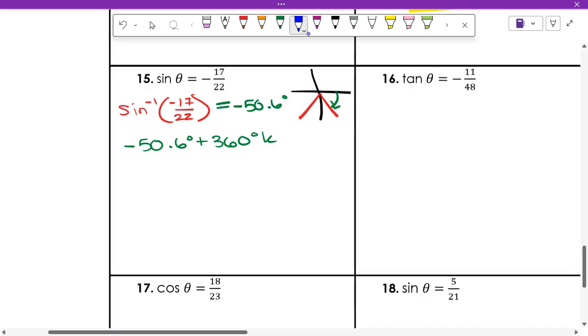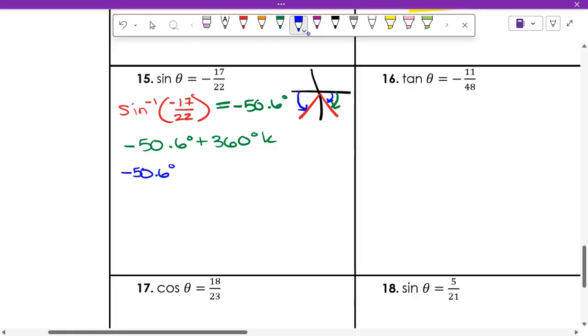So in other words, I'm going to be looking for the acute angle from the x-axis to the terminal side. Well, it's also the acute angle that matches this one right here, because these are going to be exactly the same, okay? So if I go down 50.6, I'm also going to go down 50.6 there.